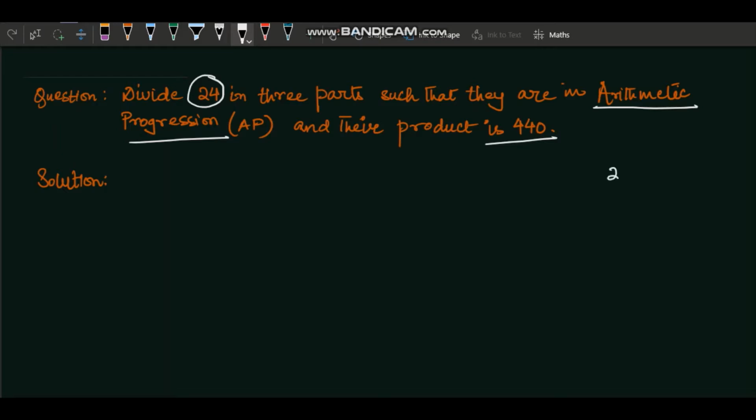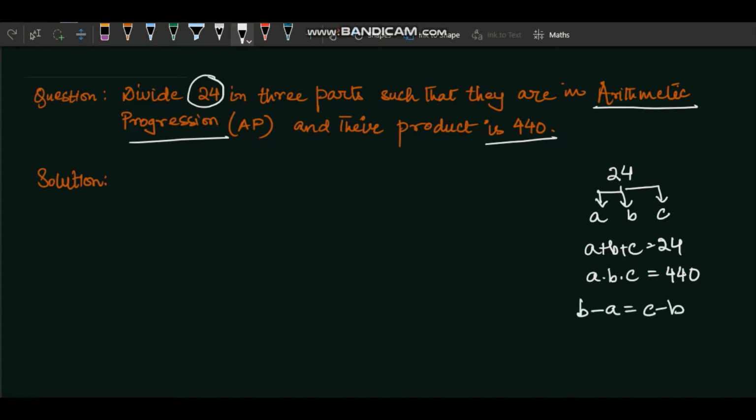So basically this 24 has to be divided into 3 parts A, B and C such that A plus B plus C is definitely 24 because you are dividing 24 into 3 parts, and the product, that is A into B into C, is 440, and also these 3 numbers are in AP. That means B minus A should be equal to C minus B.